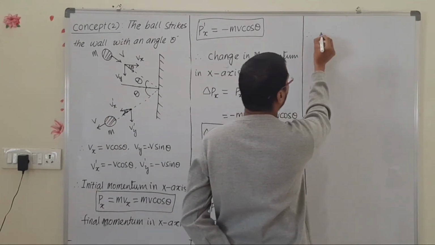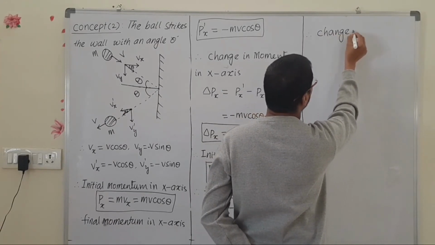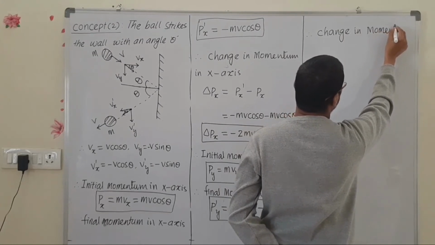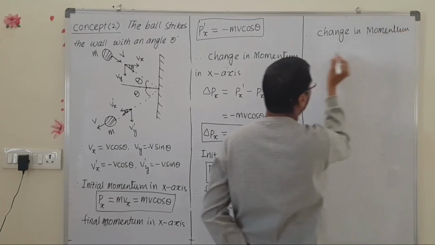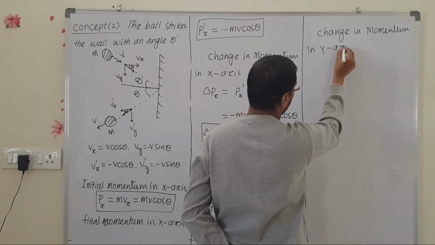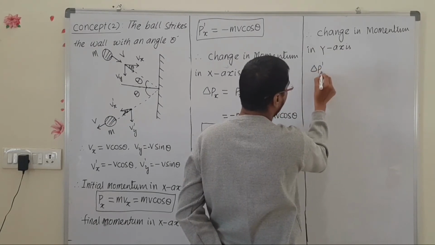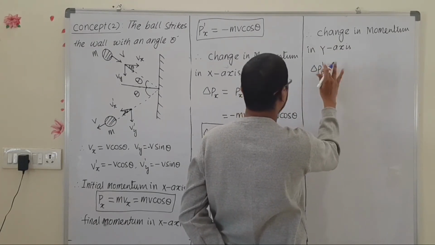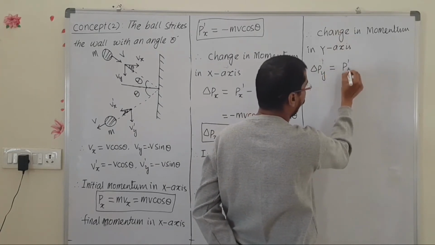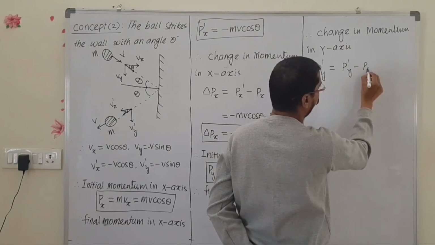Therefore, the change in momentum in the y-axis, delta p dash y, delta py is equal to the final momentum p dash y minus py.